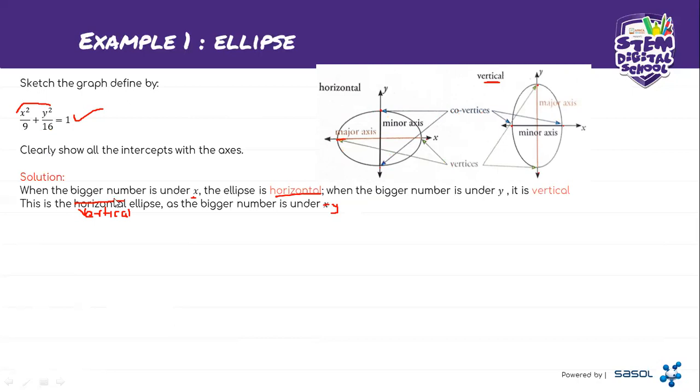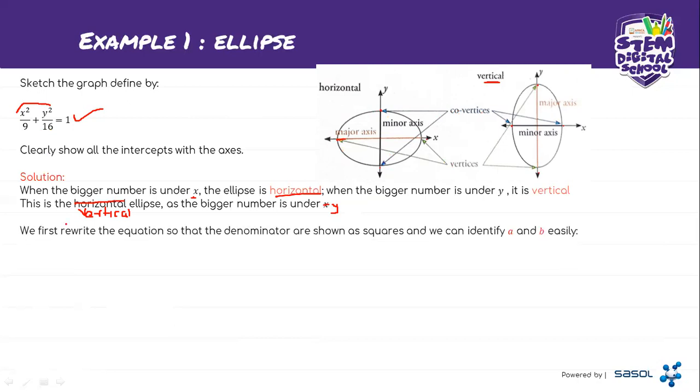Now let's proceed. We first rewrite the equation so that the denominators are shown as squares, and we can now identify the value of a and b. Now remember, if this is the case, we can't really say a is 9. Remember, the standard equation for ellipse says x squared over a squared.